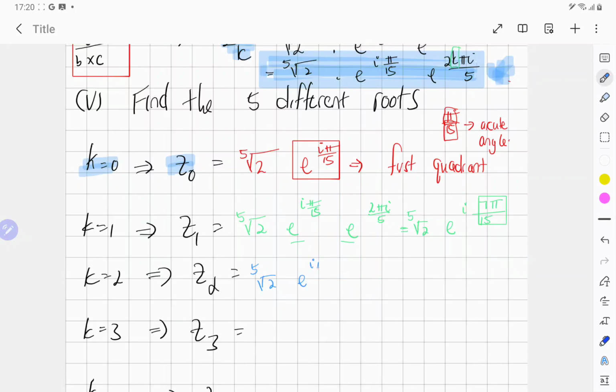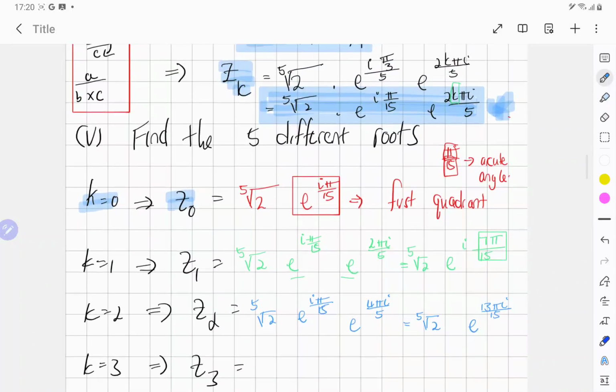The first part stays the same. Then I have e, and my k now is 2. So I have 4 pi i over 5. And my bases are the same, so I am adding. Let's see what we will get here. 5 times 3 is 15, 12 plus 1 gives us 13 pi i over 15.